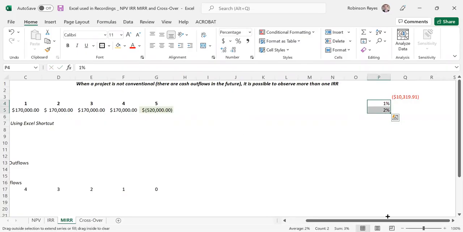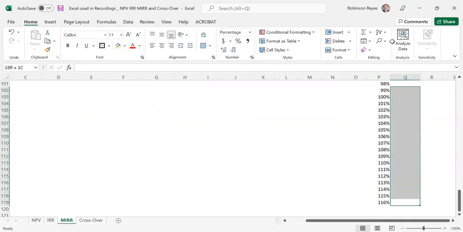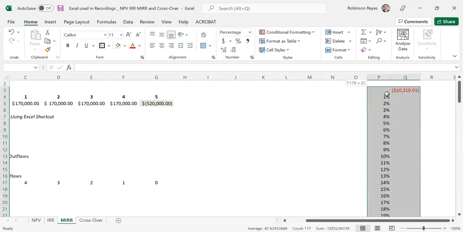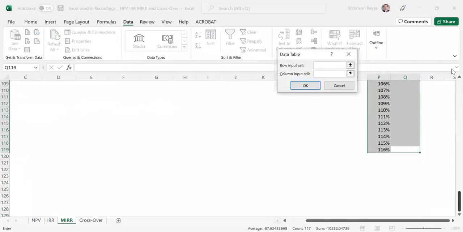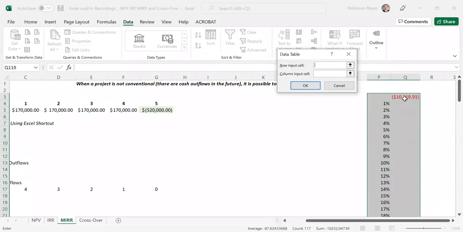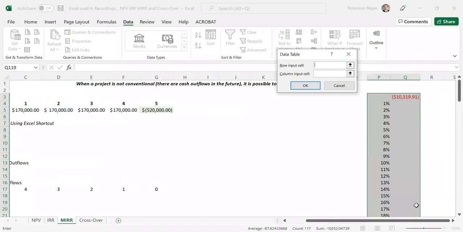And now we're going to try a wider range of discount rates here, just to make our point. Now, let's create the same data table, what-if analysis data table. So basically, we're asking Excel to calculate the net present value using this formula, which we are referencing from B7.